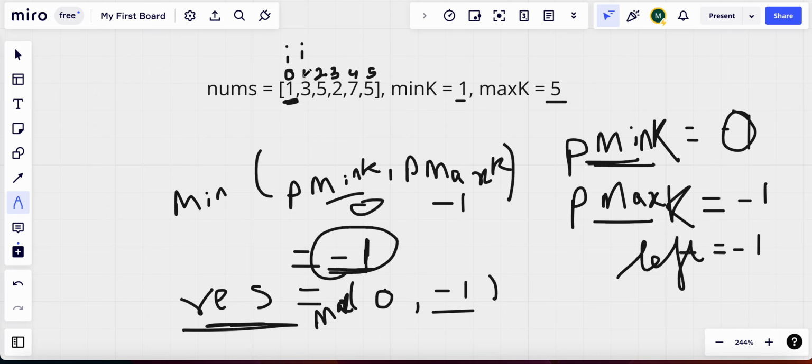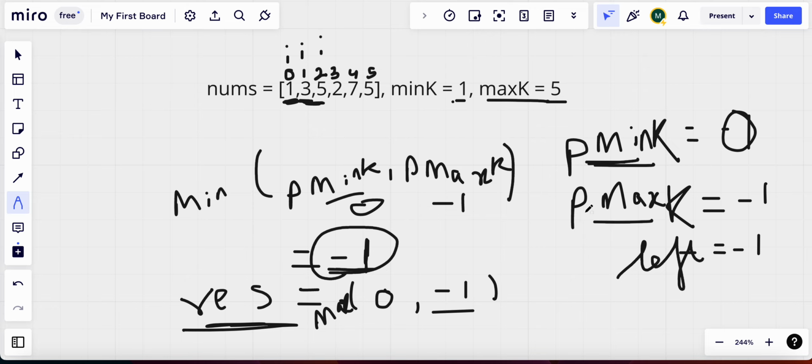Now index I points at this value here. So we already have our min k assigned to 0, and since it falls within the bound, we do not do anything, we just increment the value of I, and now we are at this point here, which points to the value 5, which is equal to our max value.